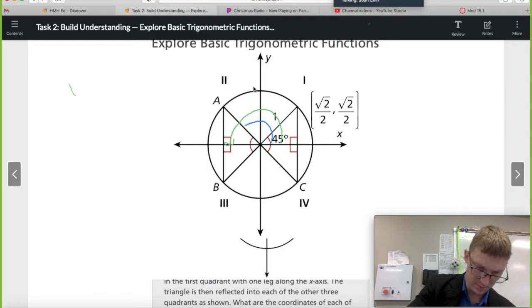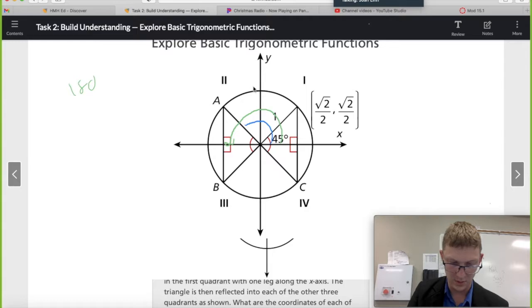Oh, shoot. It is 180 degrees. But our blue angle is how many degrees up from 180? You're right. It is 45 degrees.